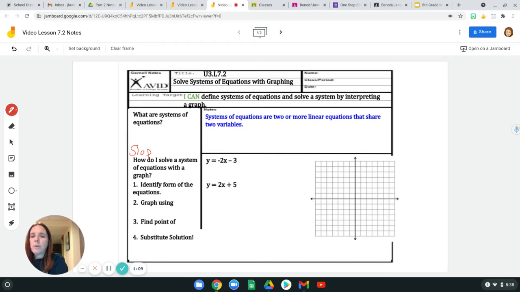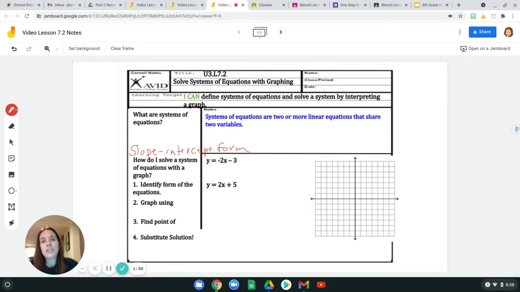Because we can use the intercept to start our graph, and it'll start on the y-axis, and then we can use the slope to get more points on that line. So for our systems with the graphing, we want to make sure that both linear equations in the system are in slope-intercept form. And then we can build that graph and interpret that solution, what that means for that graph.